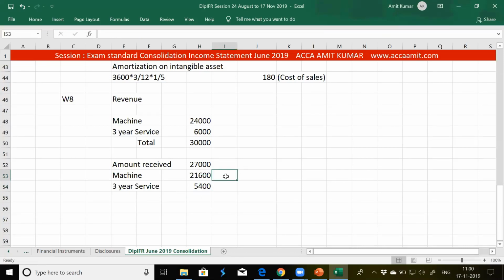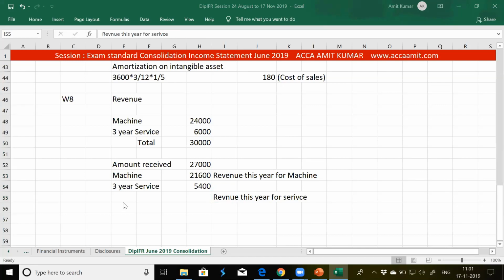This is the revenue for machine, 21,600, revenue this year. And for the 3-year service, 900.